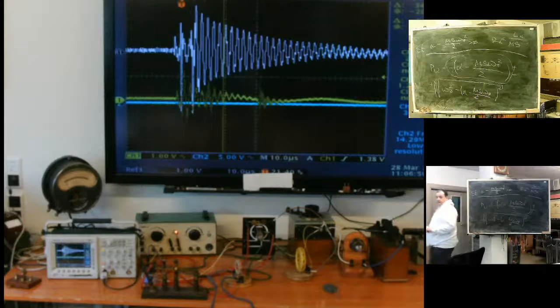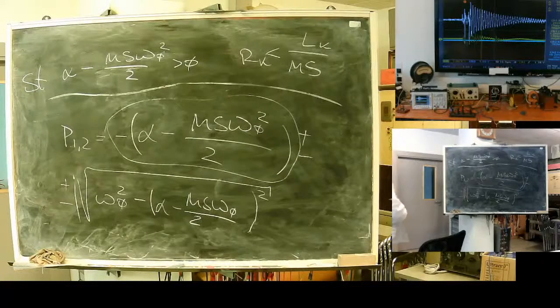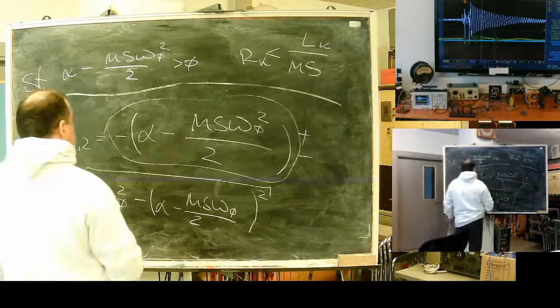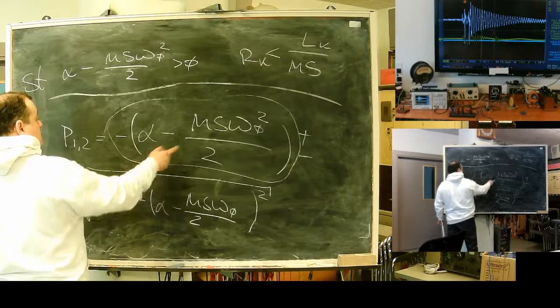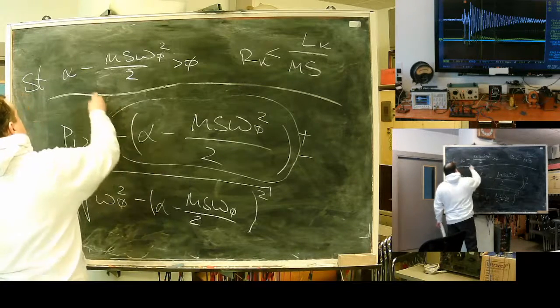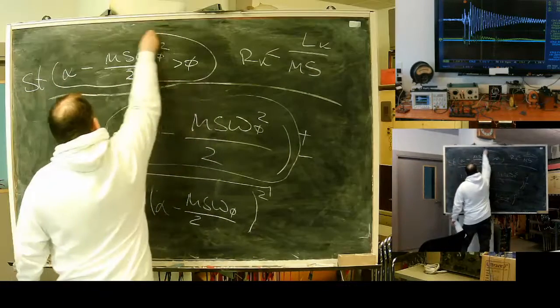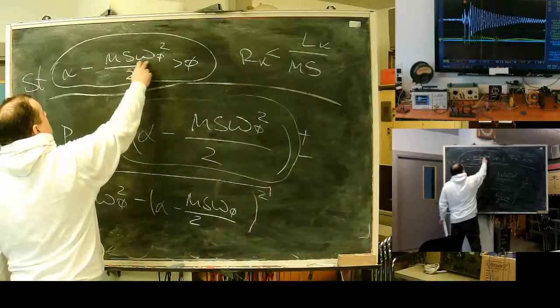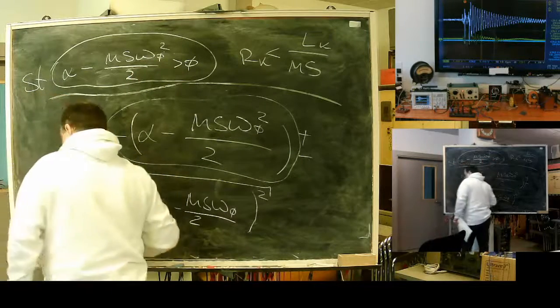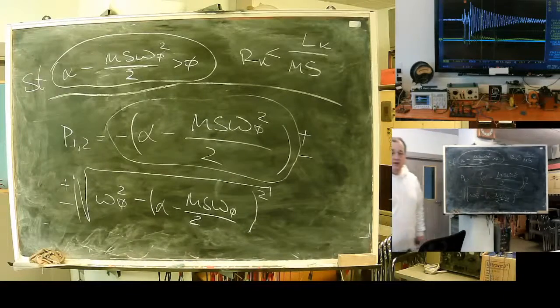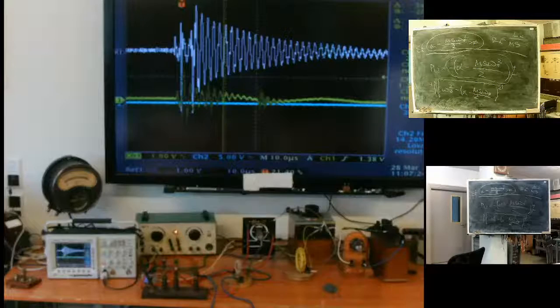I'm repeating for the record: the system will remain stable until alpha minus m omega 0 divided by 2 is greater than 0. So let's take a look.